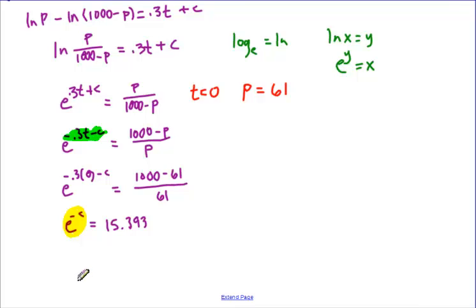And so what I end up with then is my population model follows this logistic rule that we looked at at the beginning of the problem. And so now it's going to be that p is equal to, and this is my initial amount now.